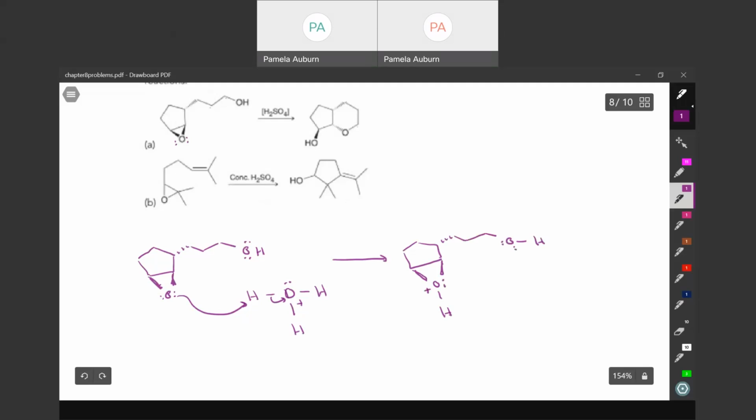So now this guy is coming in as a nucleophile. It's going to attack that carbon, and that guy is going to leave. And note that this internal SN2 reaction is coming in underneath.